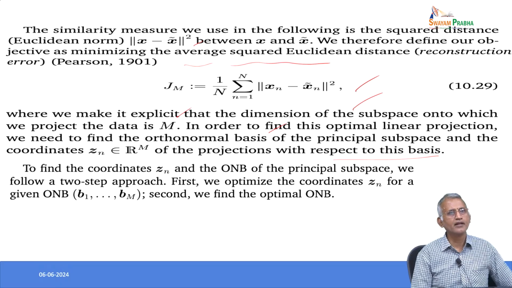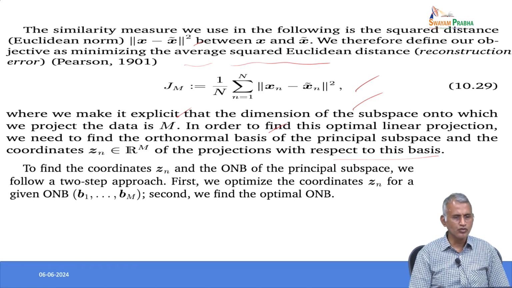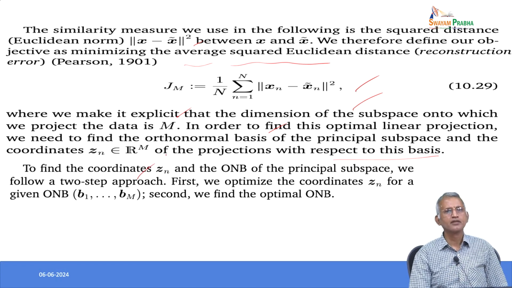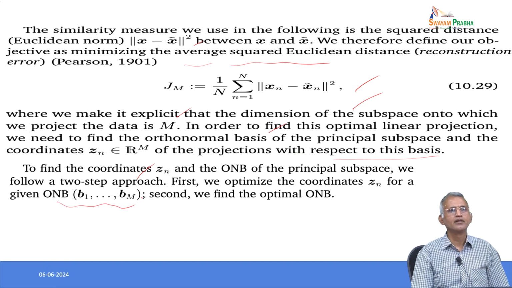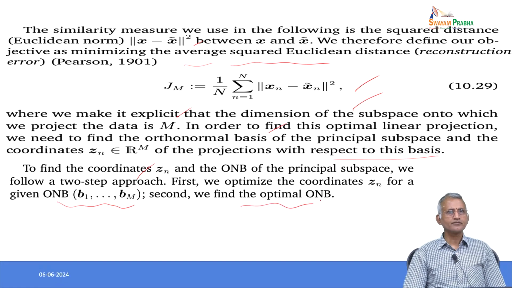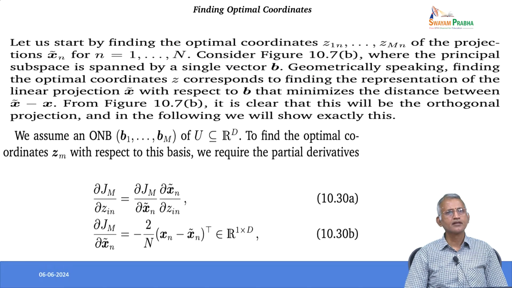So, to find the coordinates zn and the ONB of the principal subspace, we follow a two-step approach. First, optimize the coordinates zn for a given ONB b1 to bM. Second, we find the optimal orthonormal basis of the principal component analysis.